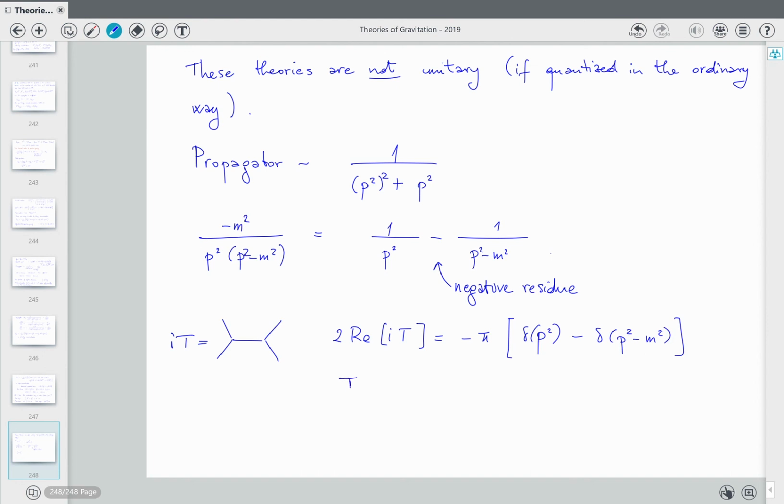This is not negative definite. It cannot be minus t dagger t, because it's the difference of two delta functions.